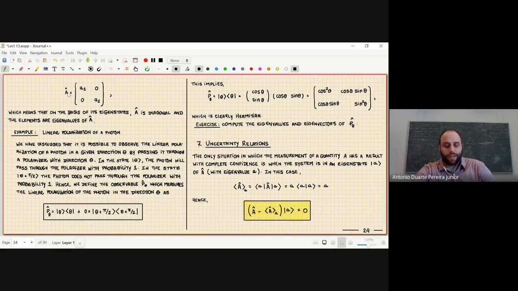If you know the eigenvectors and the eigenvalues of A, you can make a transformation and change the basis of this operator in such a way that it becomes a diagonal matrix with entries A1 and A2. And since this must be Hermitian, these numbers must be real.